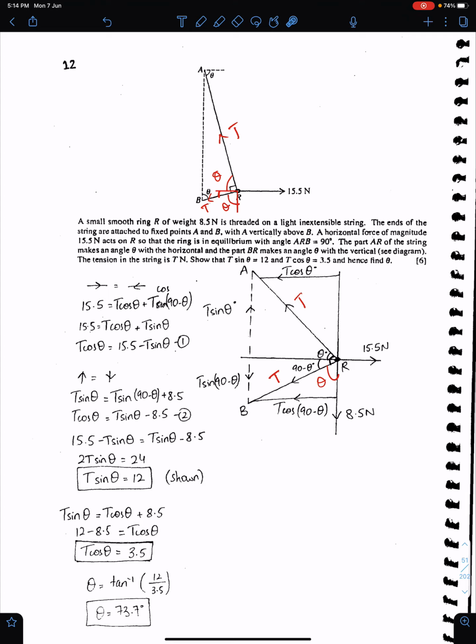So horizontal components first. T cos theta plus T cos 90 minus theta is equal to 15.5, which is here, and this is equal to this plus this. By solving these two equations, you can first prove these two equations and then you can get the value of theta.